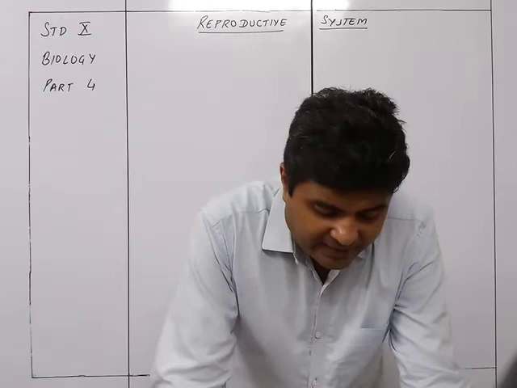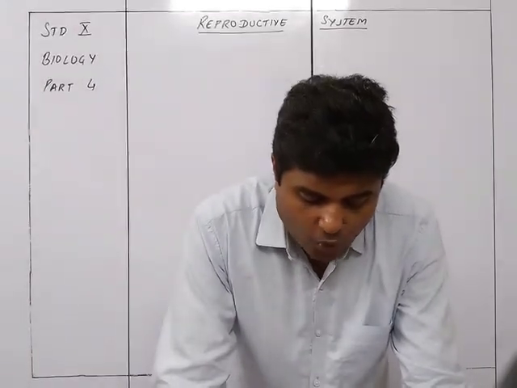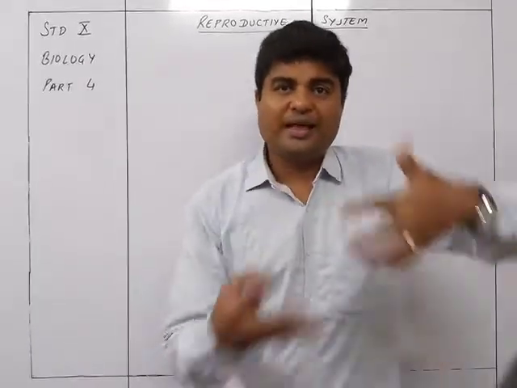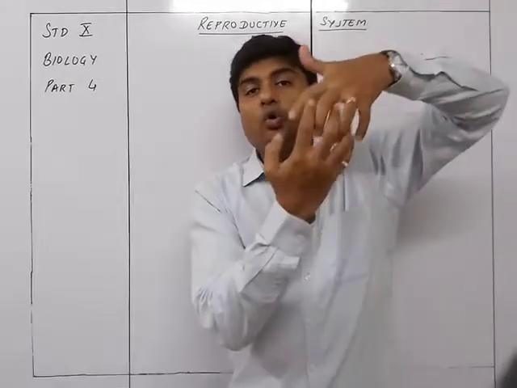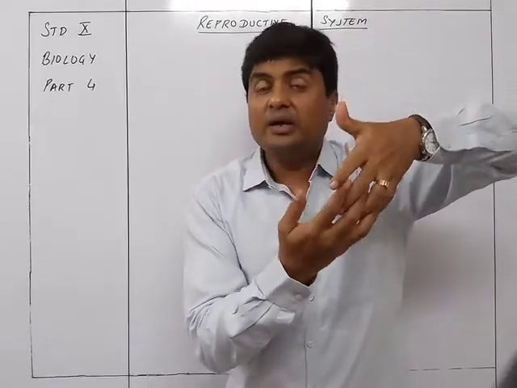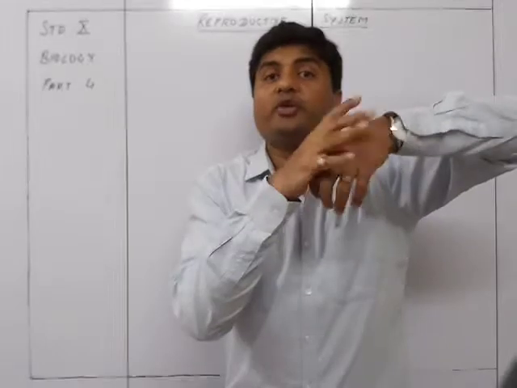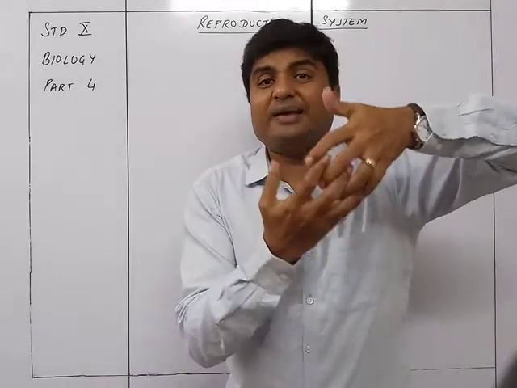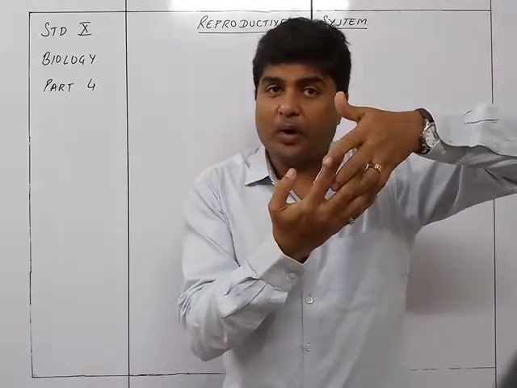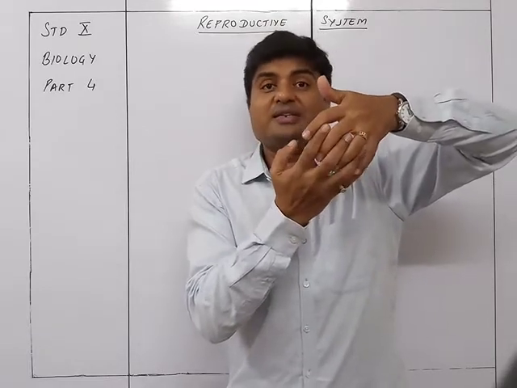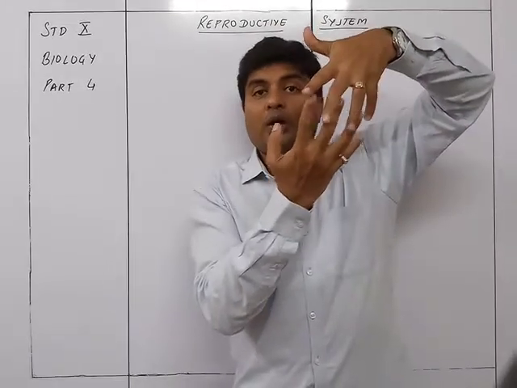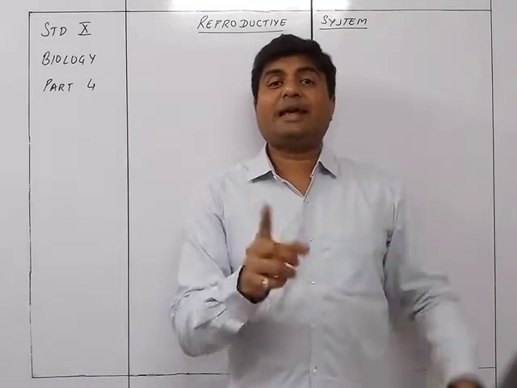The 2 sets of villi get interlocked, but they never open into each other. That's the reason the blood group of the mother may not be the same as that of the child. Otherwise there would be a problem. There is no mixing of the blood.